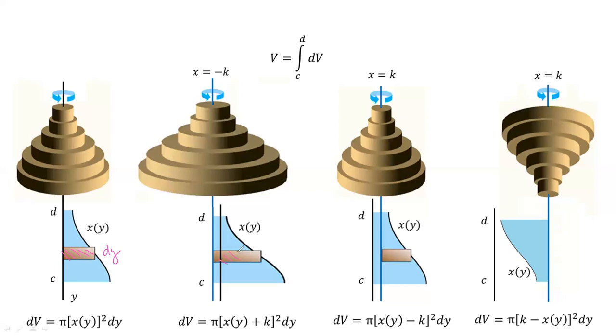These are all, so included na siya dy. This is dy. This one, if this is your differential element, this is also dy. Okay, same premise. Pi r squared, the area of the circular face times the thickness. So the thickness are all represented by dy.